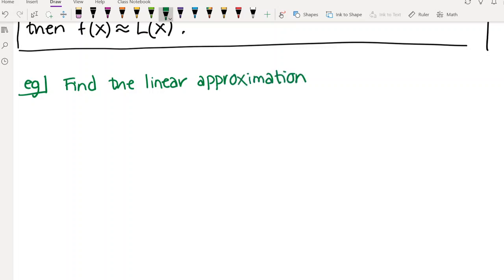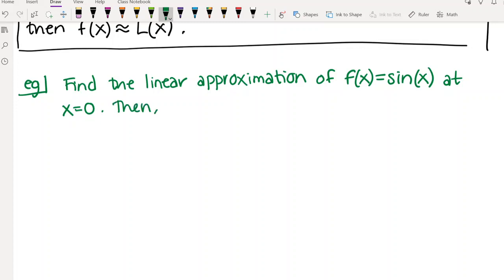That's what you should think when you see linear approximation of f of x is equal to sine of x at x is equal to 0. Basically that's a new word for saying we're finding the equation of the tangent line. Once we have that equation, then we're going to approximate sine of 0.1.